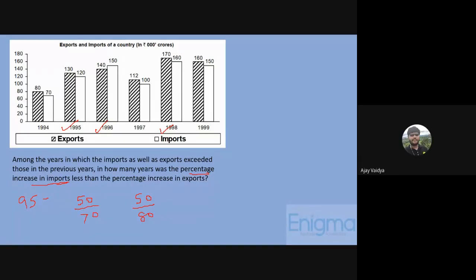So this is imports and this is exports. Now you can see here, as the numerator is the same, the denominator which is less, that value would be greater. So for 95, the imports percentage increase is still greater than exports.